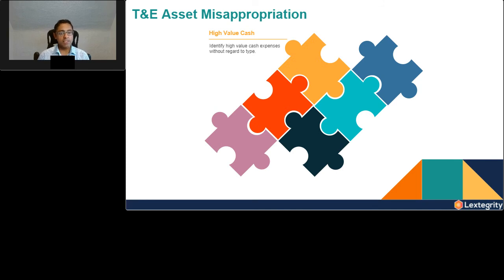So high cash value, that's an easy one, low-hanging fruit. Is the expense itself very high value in terms of cash? That's a common way people are going to misappropriate money from a company: submit cash expenses. There's no credit card or merchant category code to check on a credit card, and they can generate a reimbursement for that quote unquote legitimate expense.